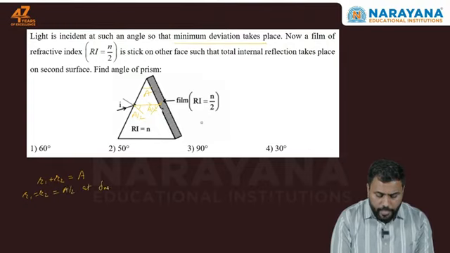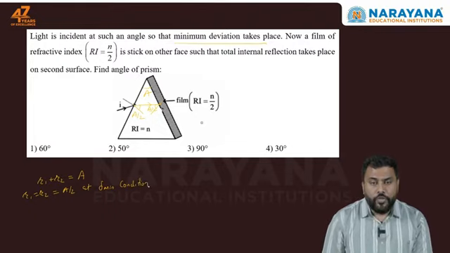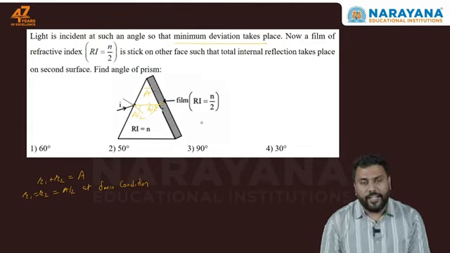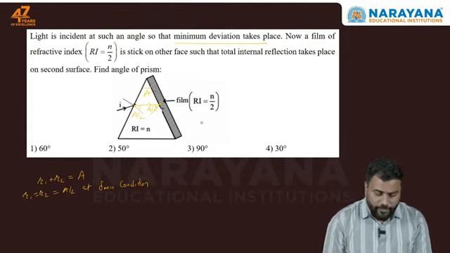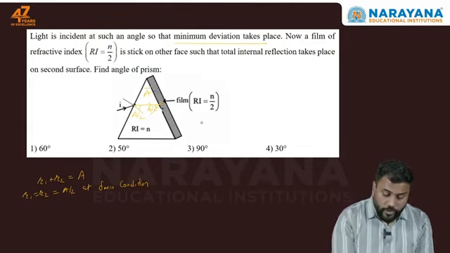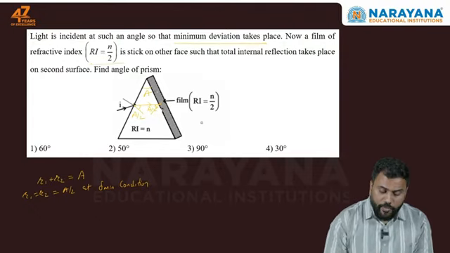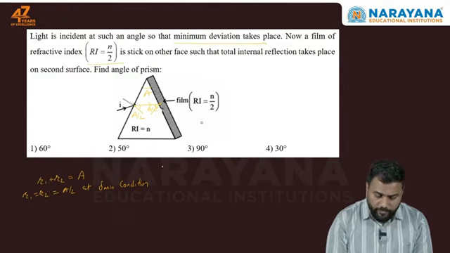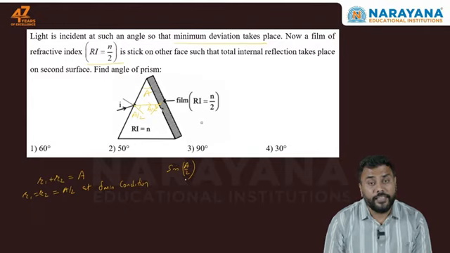at delta minimum condition. So just using this condition, we can see the angle of the light ray on the second incident surface is A by 2. But it is also given in the question that when a slab of refractive index n by 2 is kept here, we are obtaining TIR. If we are obtaining TIR, it means this angle of incidence is nothing but the critical angle.